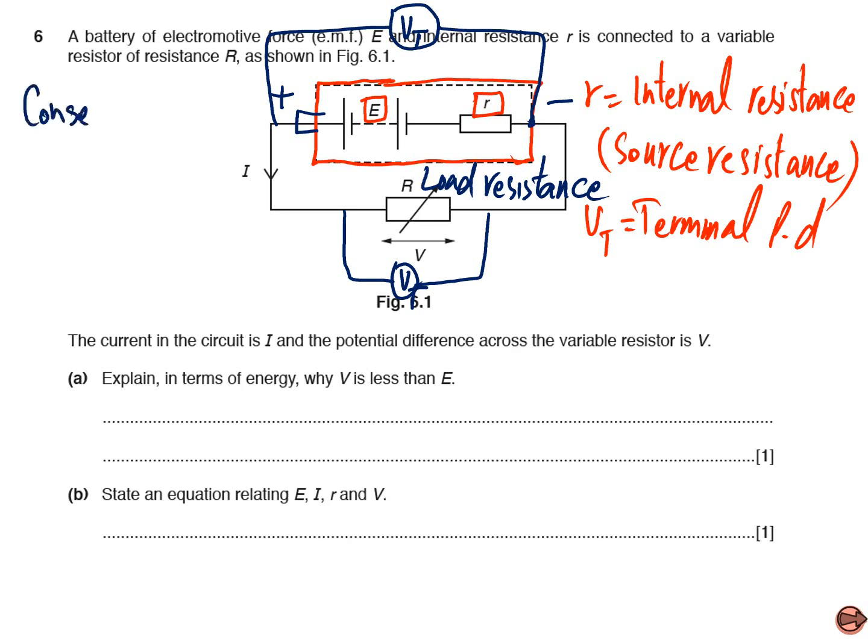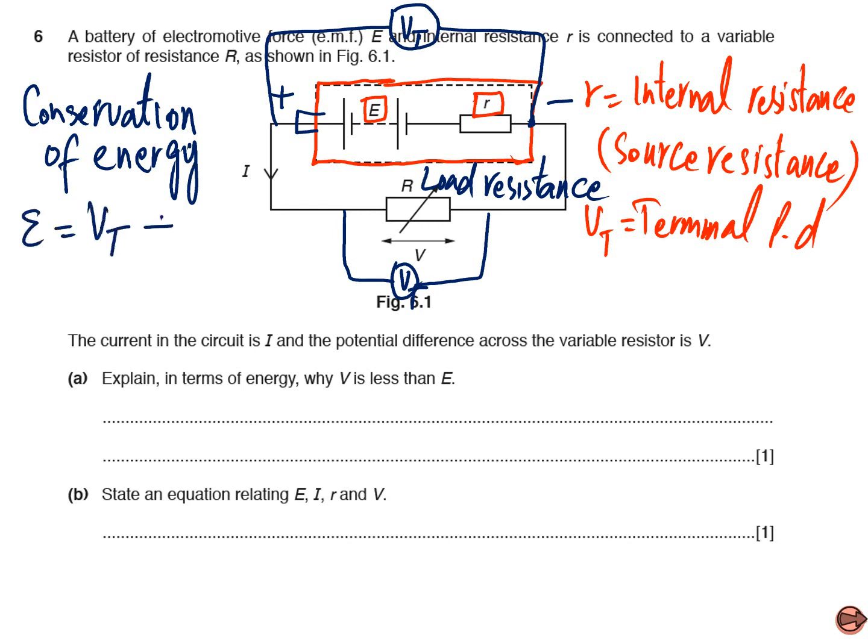This means the electrical energy per unit charge has to be equal to the terminal potential difference plus the voltage lost inside the battery. This is a very important equation to answer questions about terminal potential difference and internal resistance.